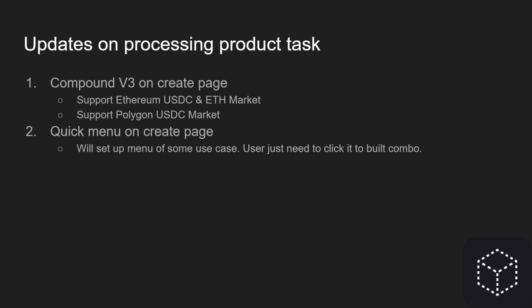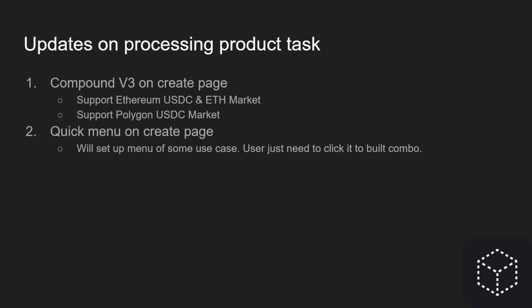After this release, if you click the plus button on the create page, you will see another tab called quick menu. We search several public strategies and preview those combos for you.